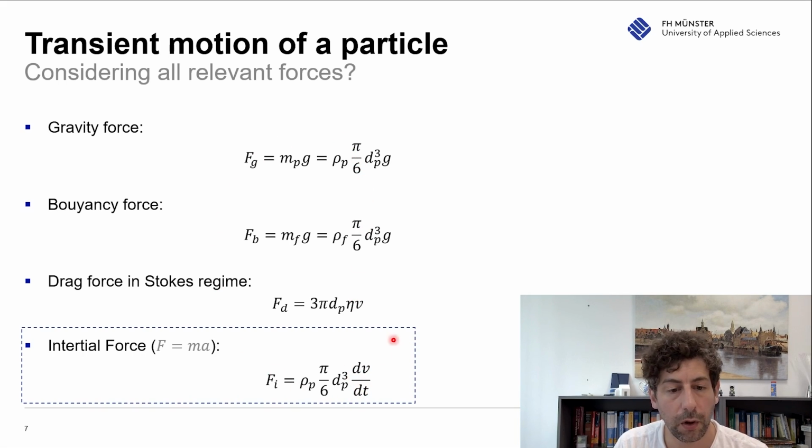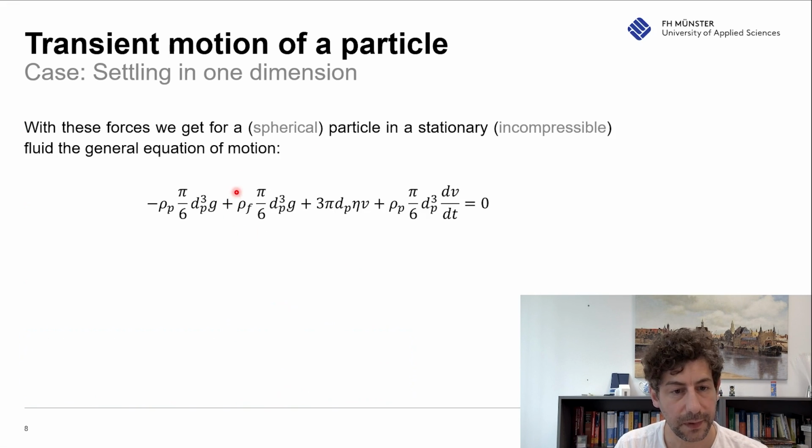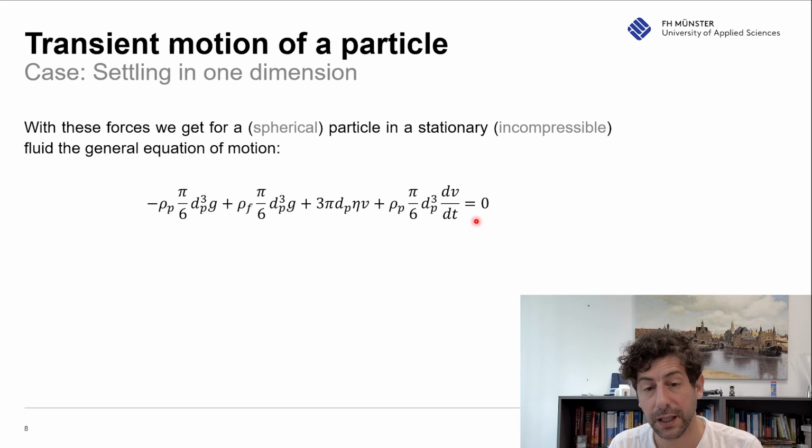And now we put all of these four equations in the force balance you saw before, and this looks more complicated than it is. You just take gravity, buoyancy, drag force, and inertia, and you have to consider the directions, right? So this works down, the others work up.